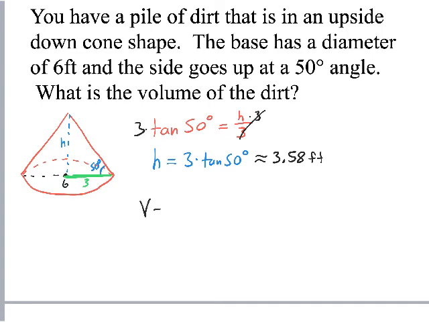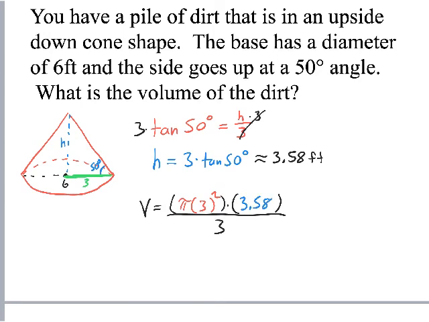And volume for a cone is your base times your height divided by 3. Our base is pi r squared. It's a circle. Our radius is 3. So the base circle is pi r squared, and the height we just calculated is 3.58.